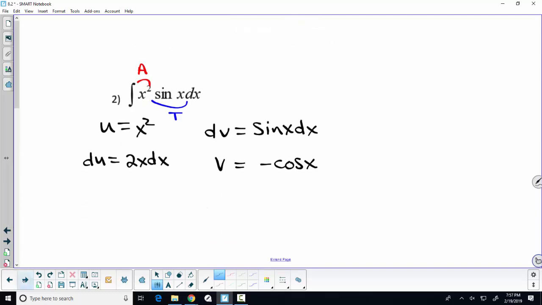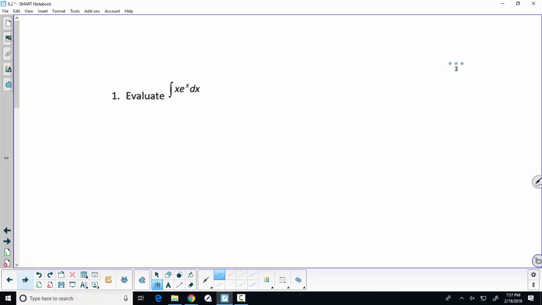Okay, so let's evaluate x e to the x. The telltale sign of when you know you have to use integration by parts is typically when you've got two functions of x being multiplied. And remember, multiplication can be defined in terms of division. So this could be e to the x over x, and we could use integration by parts there as well.